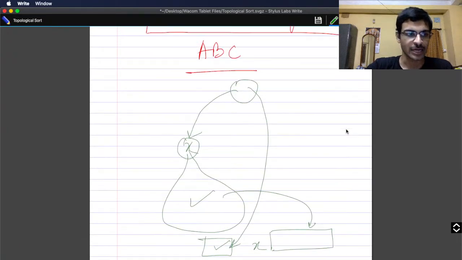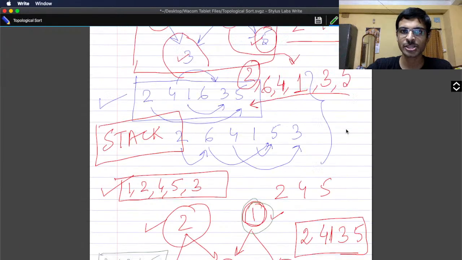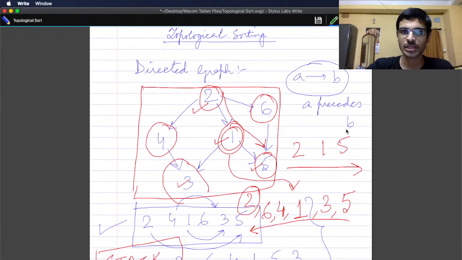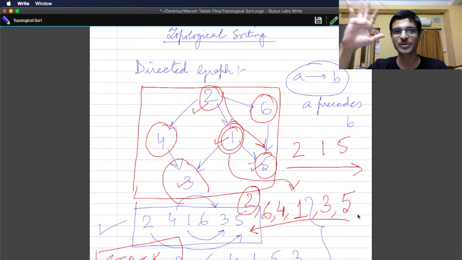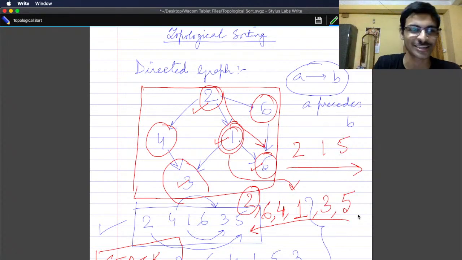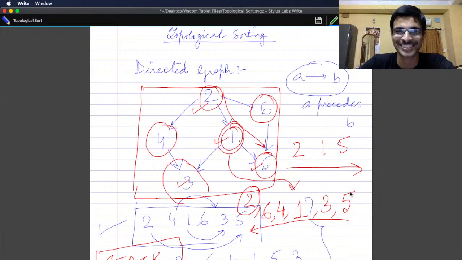So cool. I think we can move toward implementation because we are done with the concept. What was the question? I don't exactly remember. It has been a long time actually. There was again some dependency, and there was maybe some matrix kind of a thing. I don't remember the question. And I have given so many interviews in this COVID period that it is not possible to remember all the questions.